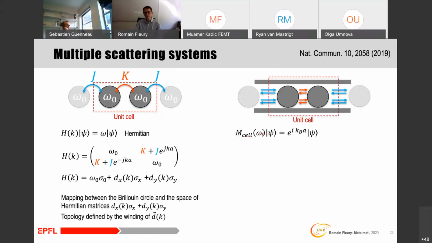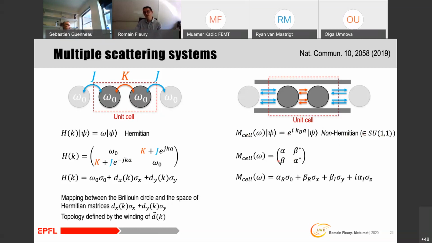This matrix depends on omega. And there's no reason for this transfer matrix to be Hermitian. In fact, it's non-Hermitian, and it always belongs to SU(1,1) for systems that obey time reversal symmetry. So it has this form. It's not Hermitian, but it's a different topology problem.